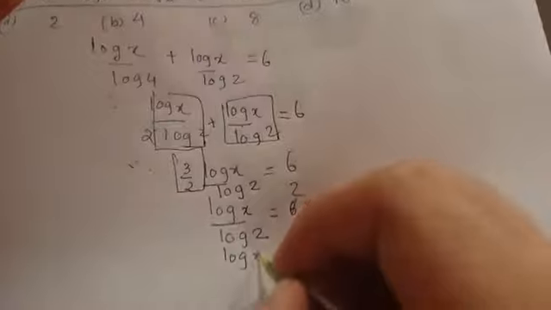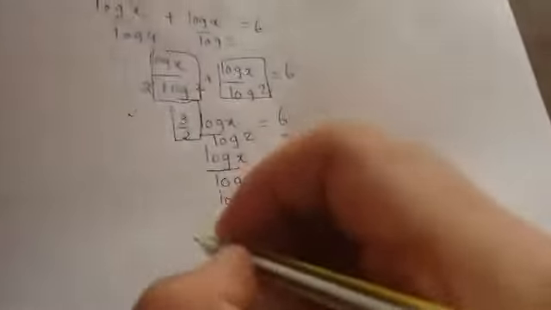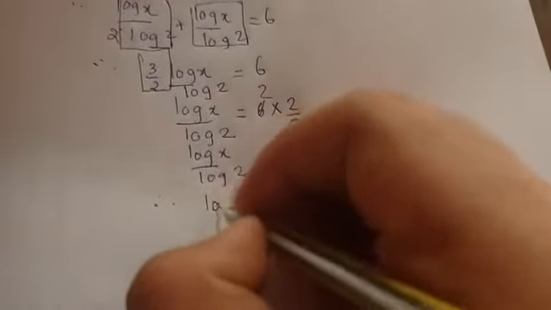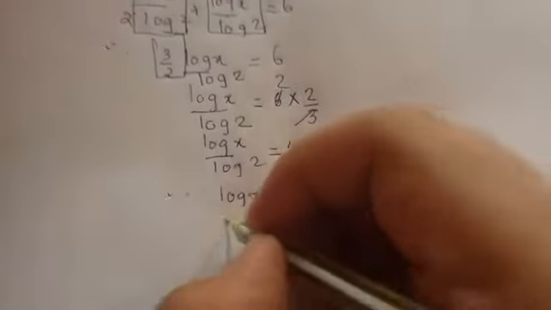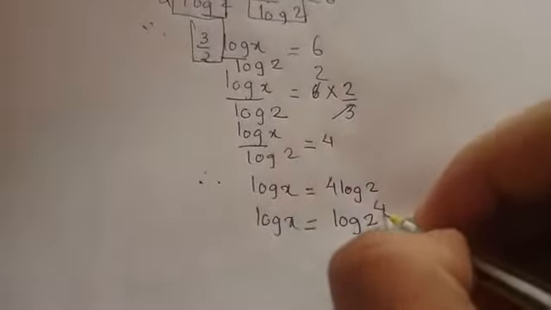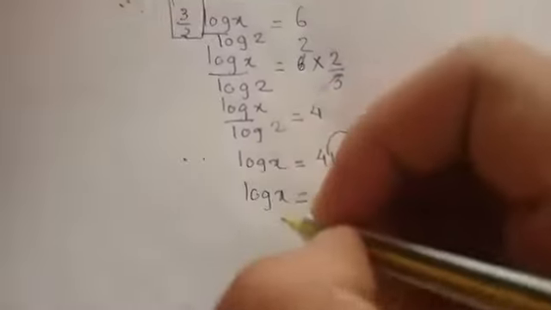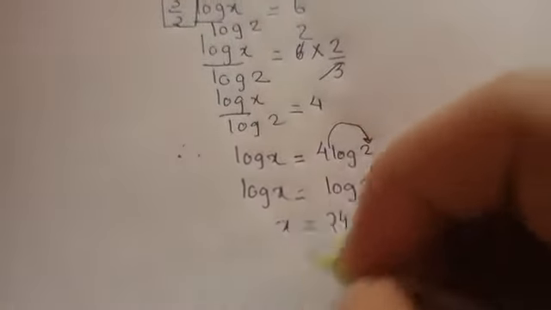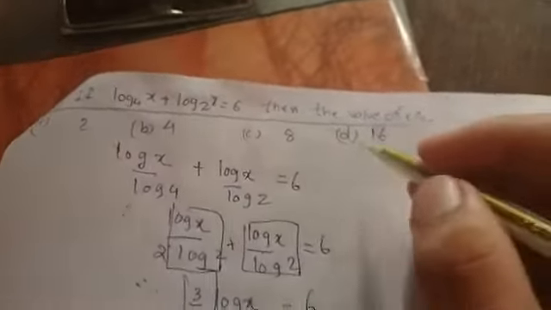Therefore, we get log x upon log 2 is equal to 4. Now, this can be written as log x is equal to 4 into log 2. Therefore, log x becomes equal to log 2 raised to 4, since this gets transferred as an index of 2. Therefore, x becomes equal to 2 raised to 4. Therefore, the value of x is 16. So, in 78th question, option D 16 is correct.